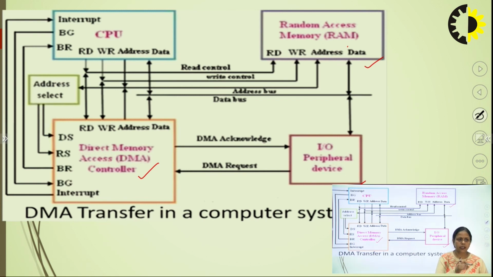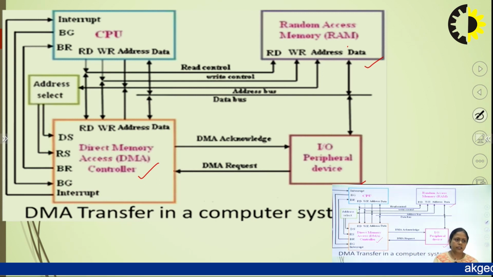We will discuss the DMA controller afterward, what the main units in the DMA controller are, but firstly we should understand what the DMA transfer is here. Now, when the direct memory access controller sees the DMA request, it will start working and it will send the BR or bus request to the CPU.